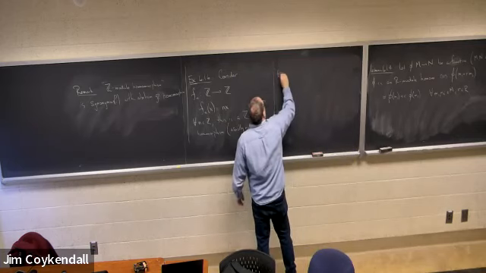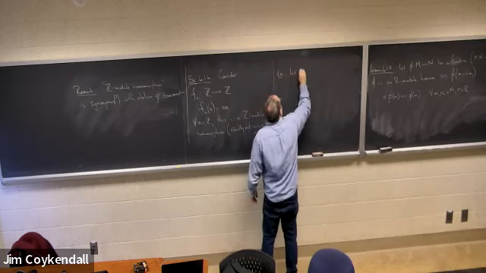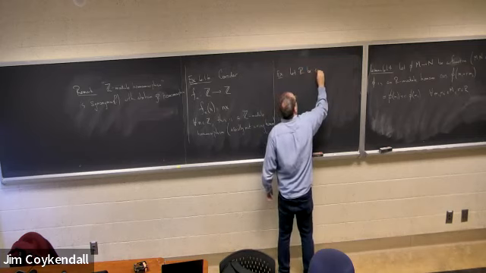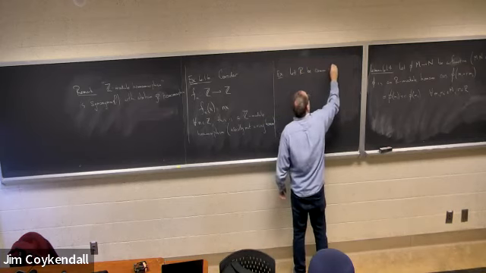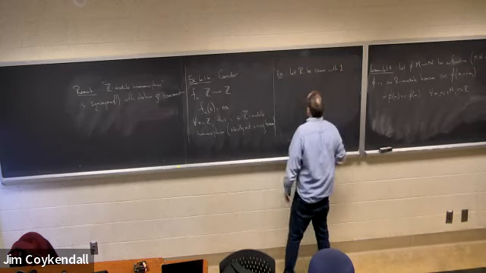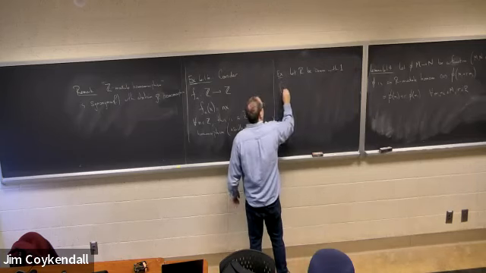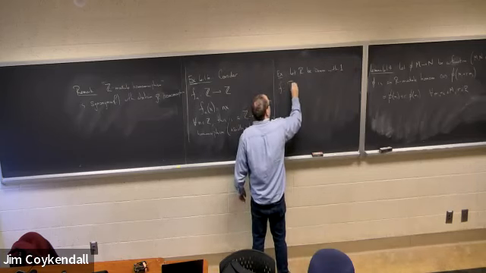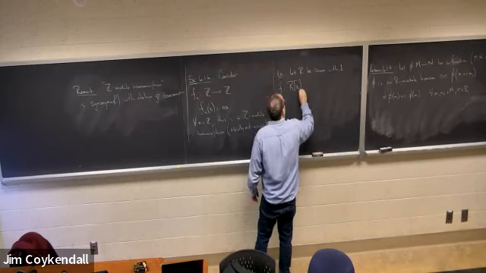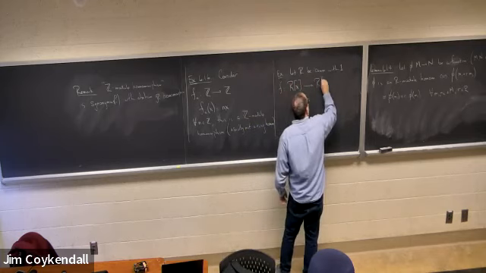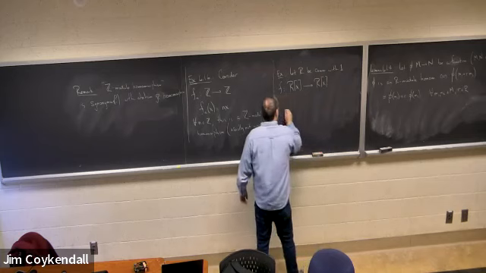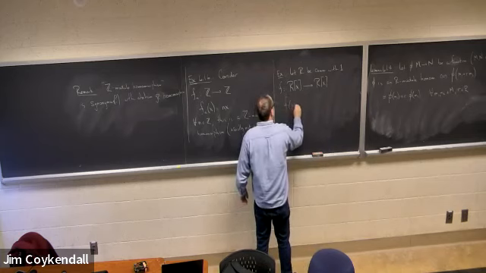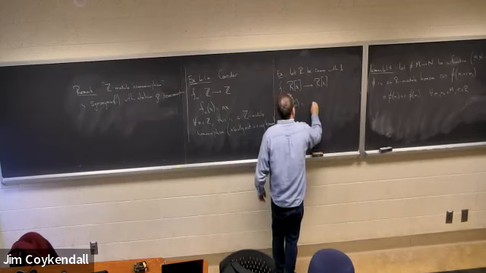Example. Let R be a ring with identity. Define F from the polynomial ring R[x] to R[x] by F(P(x)) = x P(x).